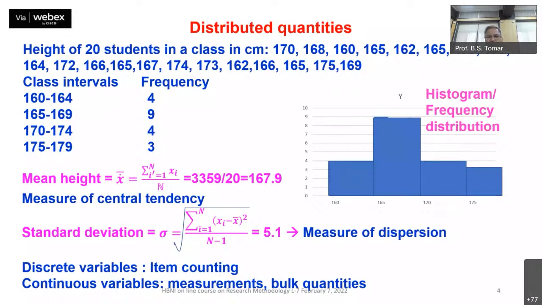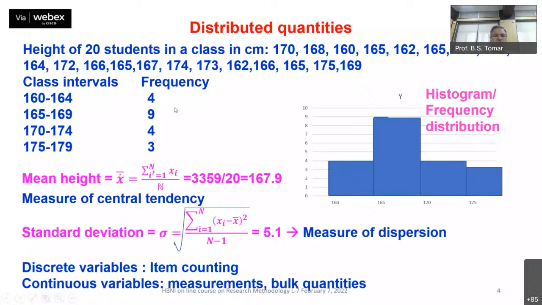So you devise some mechanisms like frequency distributions. You can have groups, or what you call class intervals. We can divide the entire range from minimum to maximum into, let us say, class intervals 160 to 164, 165 to 169, 170 to 174, 175 to 179, and then see how many data fall in which bin.